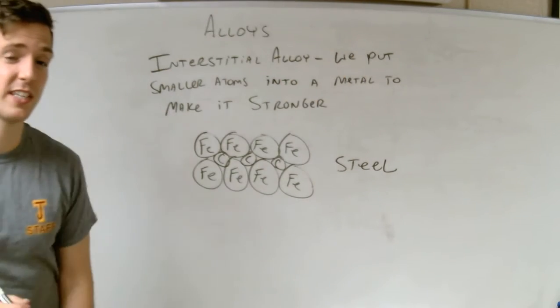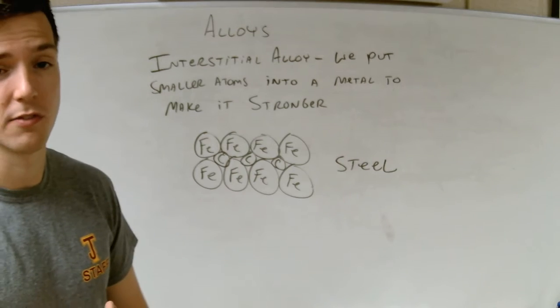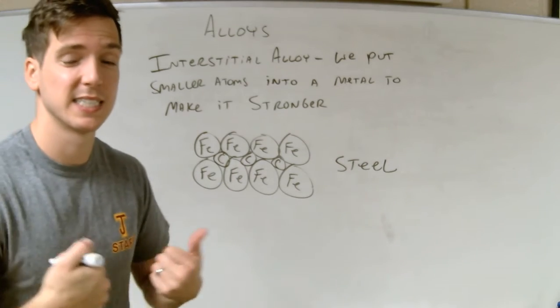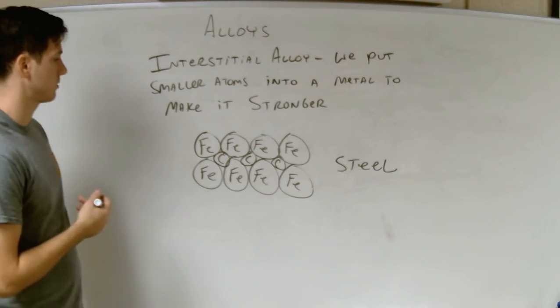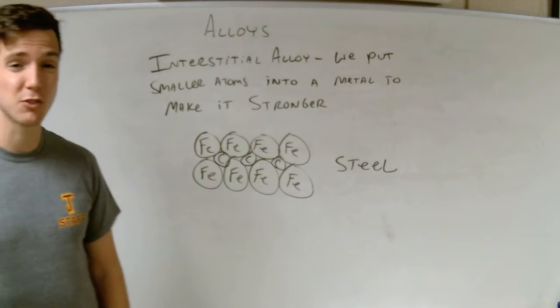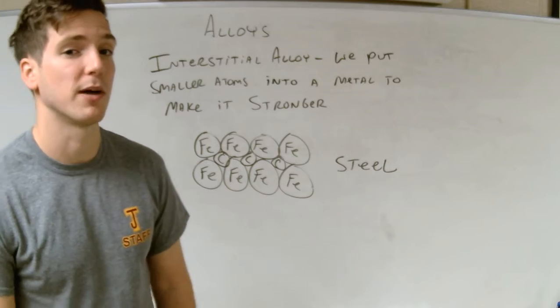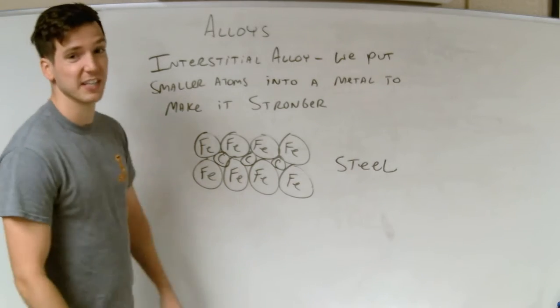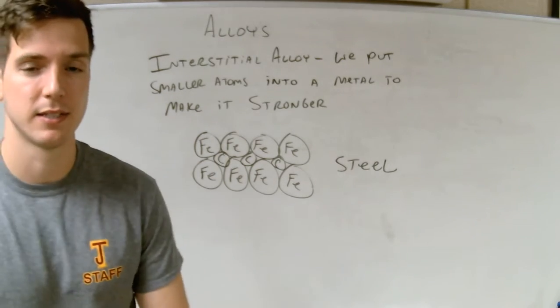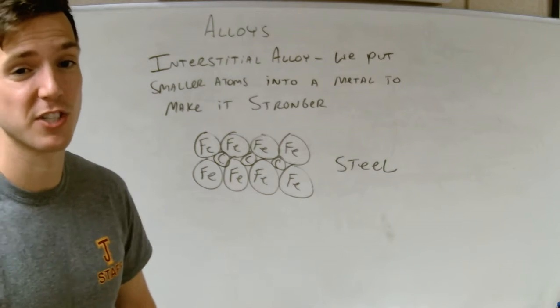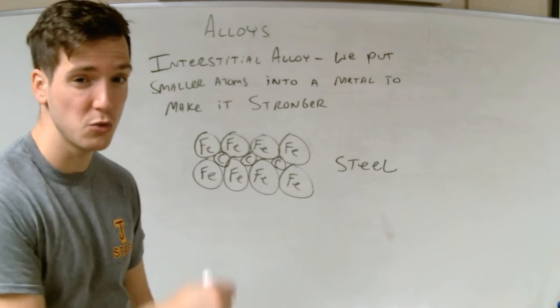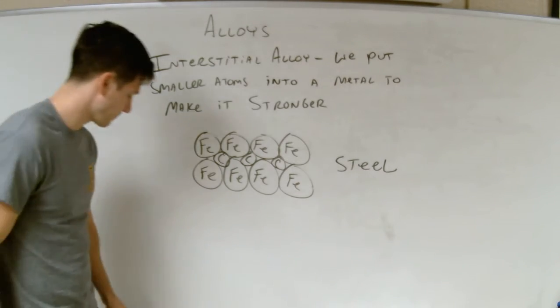That's all steel is. It's just iron infused with some carbon, and now that's really, really strong. Now if you try to break it, it's not going to happen. We have to heat it up a bunch in order to soften it so it can bend. So that's interstitial alloys. We're putting smaller atoms into the spaces.